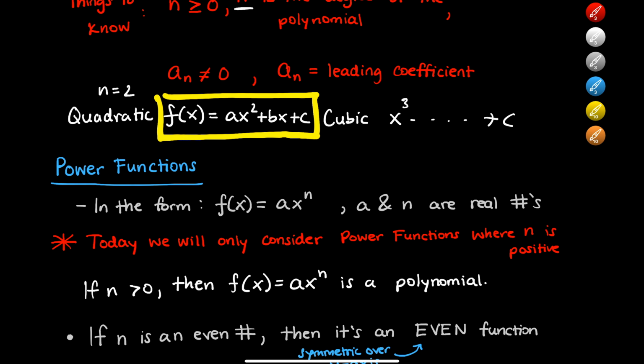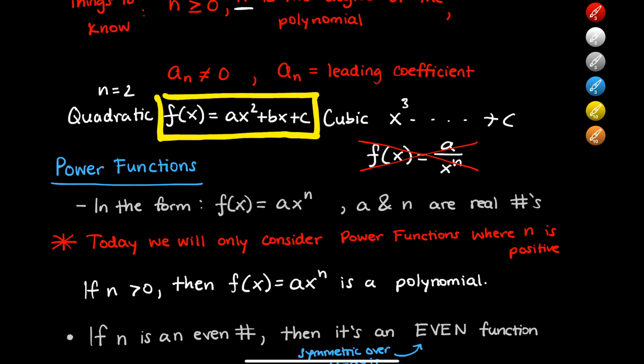Now we're going to take a look at power functions. So power functions are in the form f of x is equal to ax to the power of n, where a and n are real numbers. And in today's video, we're not going to be considering power functions where n is a negative number, because then we will get the function f of x is equal to a over x to the power of n, and this is not a polynomial function.